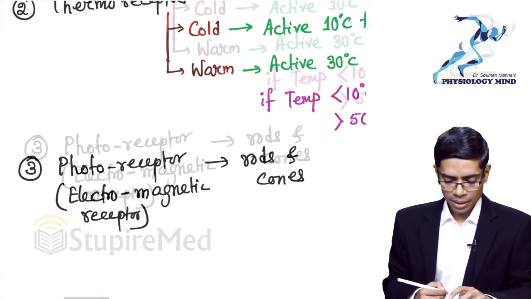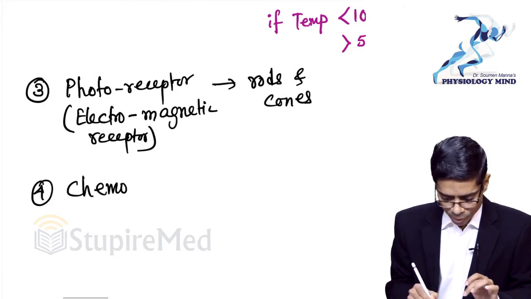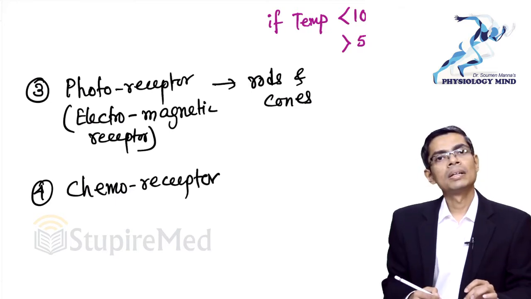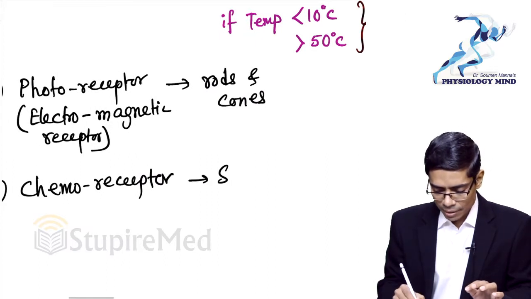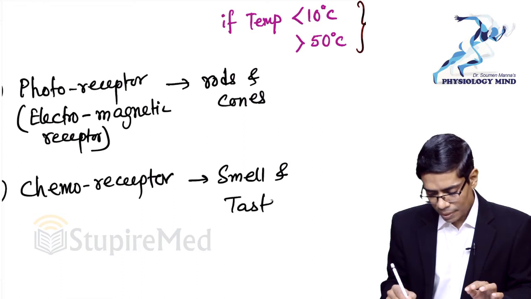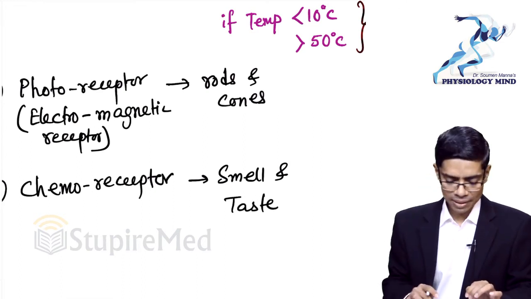Number 4, chemoreceptor. Chemoreceptors are for the chemical senses. What are the chemical senses? The smell and taste. They are activated by chemoreceptors.